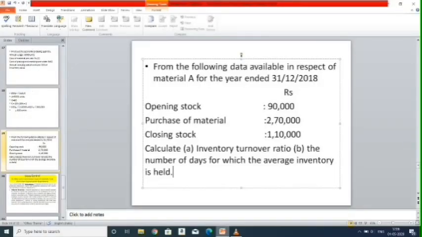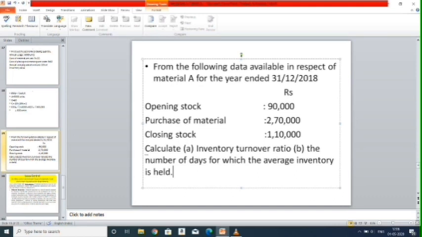We illustrate one problem. Our question is this: from the following data available in respect of material A for the year ended 31st December 2018, opening stock rupees 90,000, purchase of material rupees 2,70,000, closing stock 1,10,000.